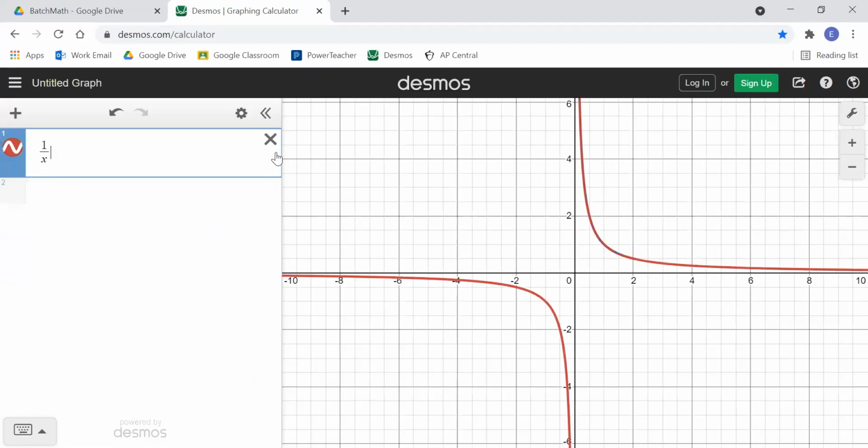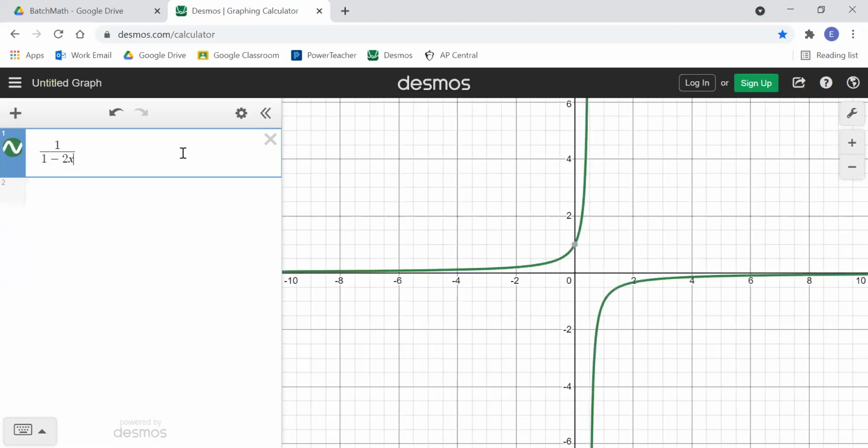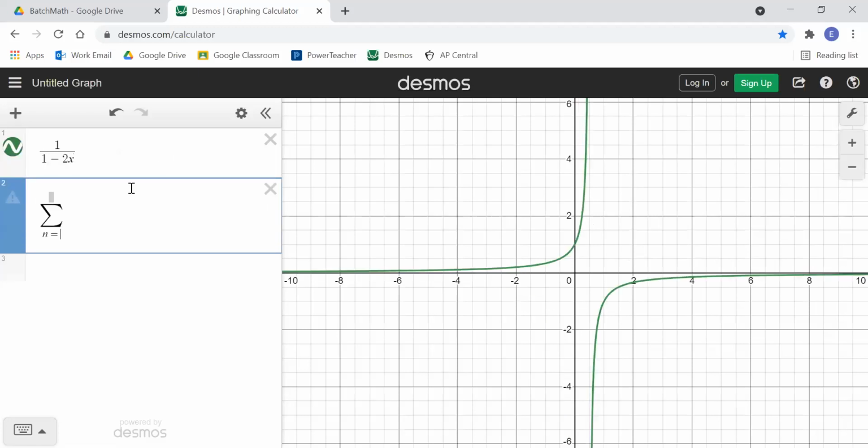What was the one we did just before this one? We did 1 over 1 minus 2x, I believe. And for this one, you can see, we said that it would only converge from -0.5 to +0.5, so it should only be good on the interval from -0.5 to +0.5, and we can see that that is once again the case.